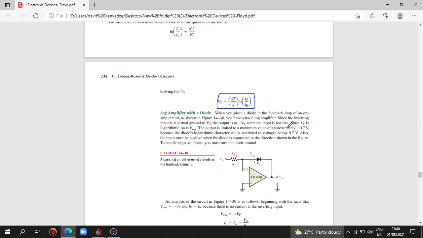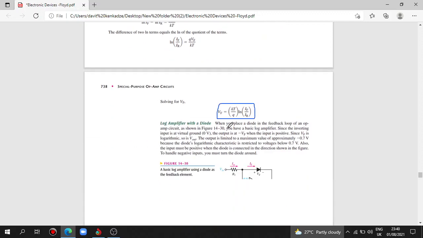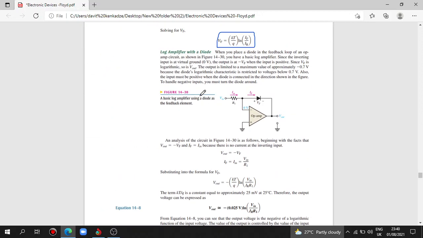When you place a diode in the feedback loop of an op-amp circuit, as shown here in the figure, you have a basic log amplifier.